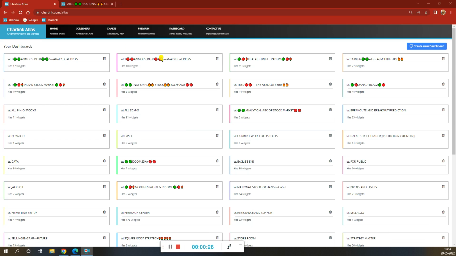The video would be based on how to add more options, or you can say more parameters, in the widget under dashboard. So what exactly I'm talking about, I'll let you know, because I have been receiving many queries, and these queries are very basic.